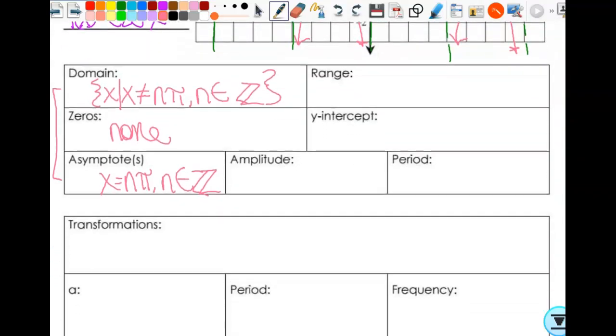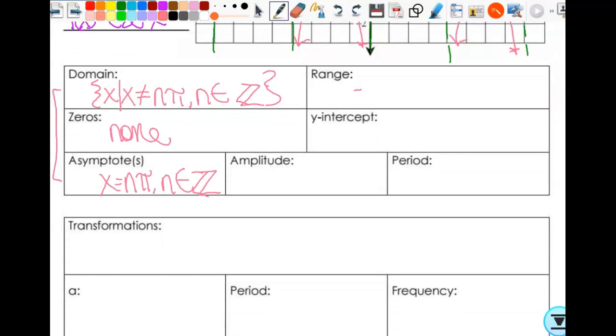No. I start at negative infinity and go to negative 1. Do I get to include negative 1? Yes. And then I start back over at 1 and go to infinity. Do I have a y-intercept? No.